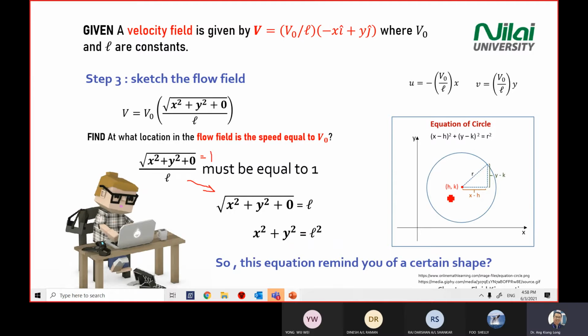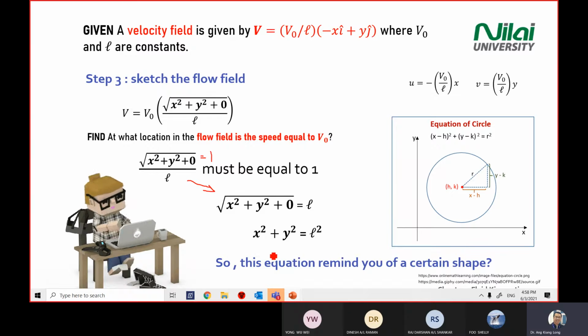All right. Now, by comparing with the equation of the circle, what is the value of h and k? All right, Shirley, are you able to answer? What is the value of h and k for the equation of a circle? Which one do you mean? If you look at the screen, I show you the equation of a circle, (x minus h) squared plus (y minus k) squared equal to r squared, correct?